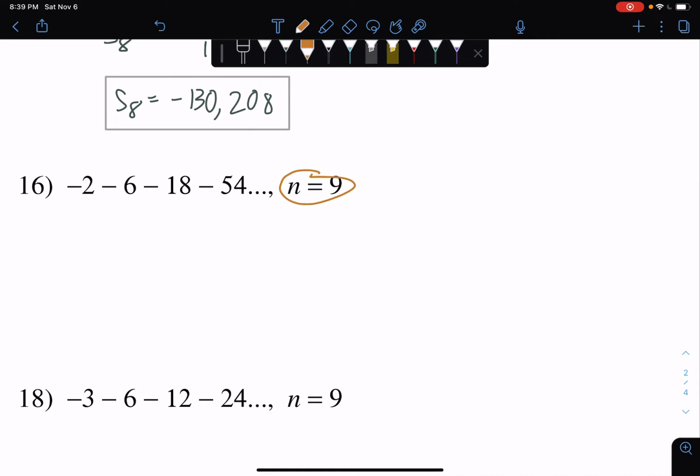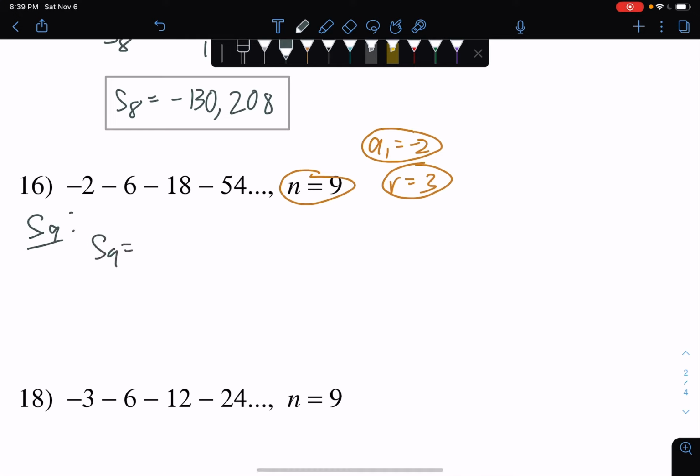n is equal to 9. a sub 1 is equal to negative 2. r is equal to 3. Let's make sure. Negative 54 divided by negative 18. Yeah, our answer is 3. So, S sub 9 is equivalent to negative 2 times the quantity 1 minus 3 raised to 9 divided by 1 minus r, 1 minus 3.